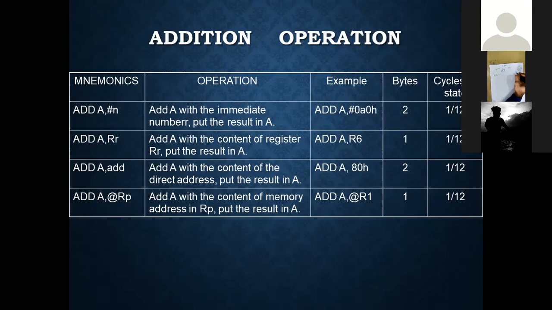So 7 plus 3 is 10, plus 1 is 11, that means B. So the result will be B7H, and the B7H data will be stored into the A register.